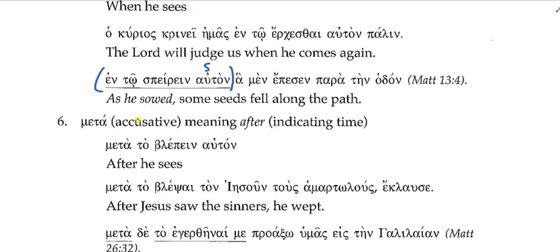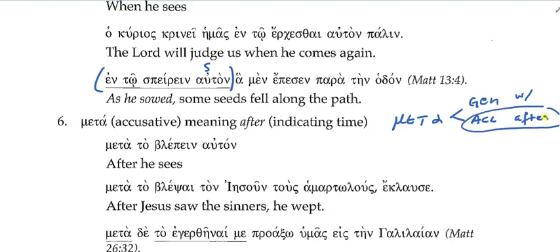And then number 6, meta. Meta, remember, can be followed by genitive or accusative case, right? What does meta mean when a genitive case noun follows it? Okay, yep, means with. The accusative, after. We are looking at meta plus the accusative, okay?